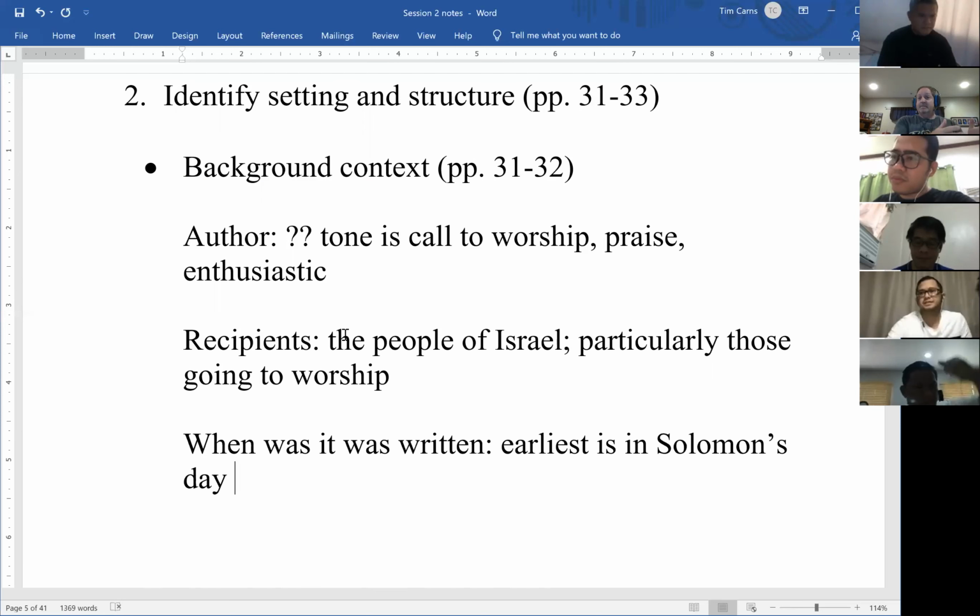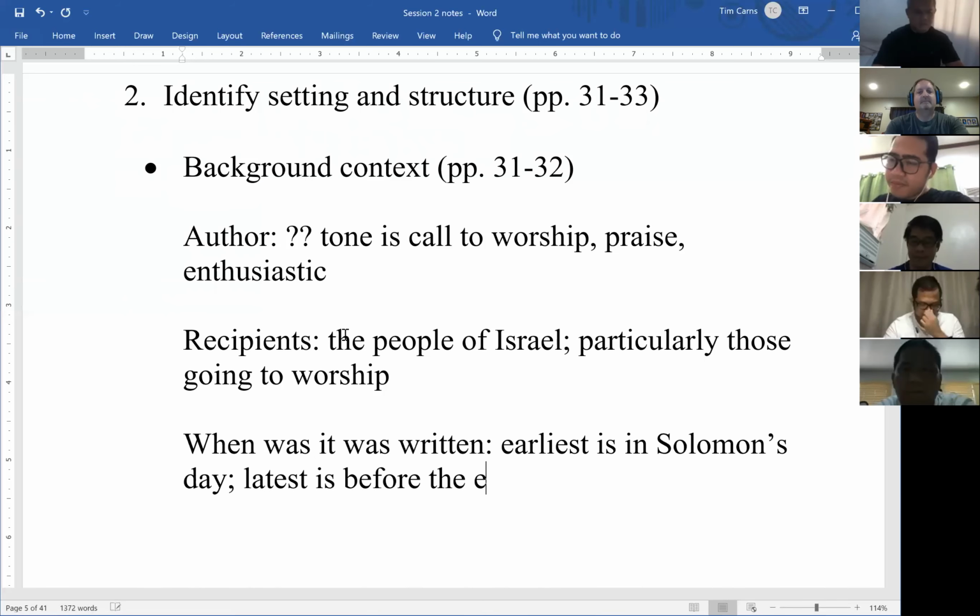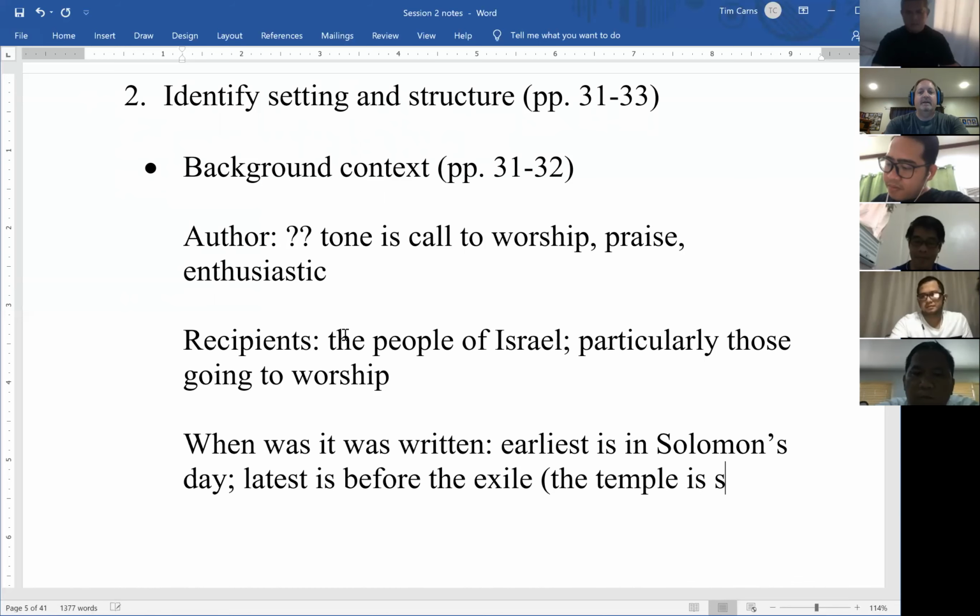So the temple wasn't built until Solomon. Solomon built it. When is the latest that it could have been written? Before the exile. Why is that? Because the temple is still there, and the ark is still there.